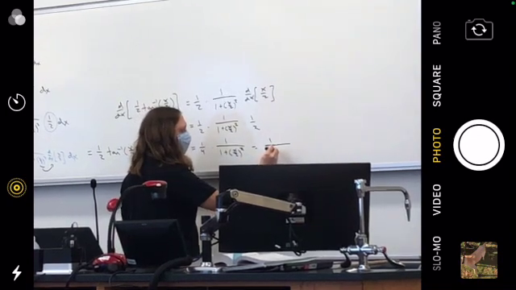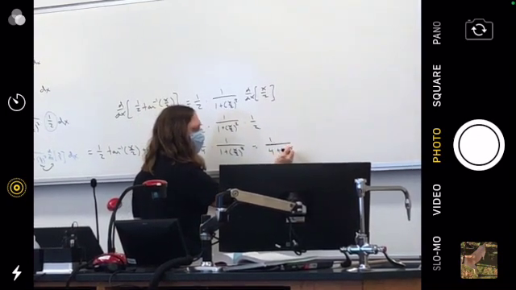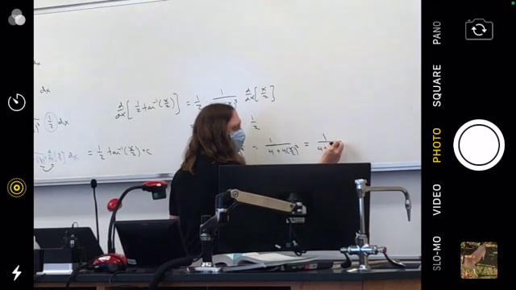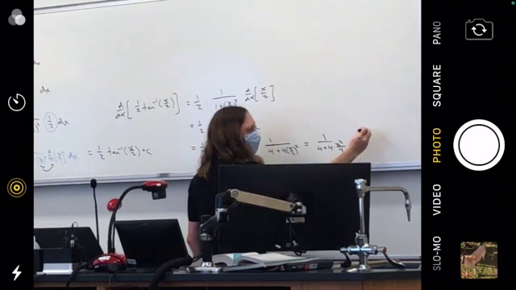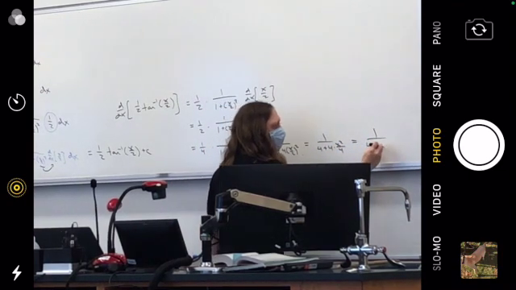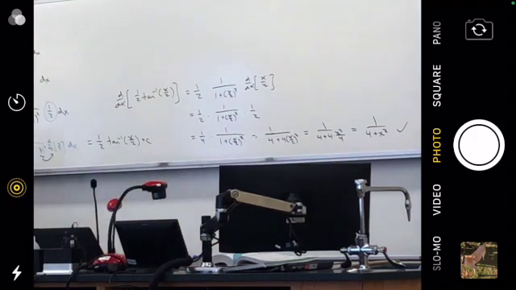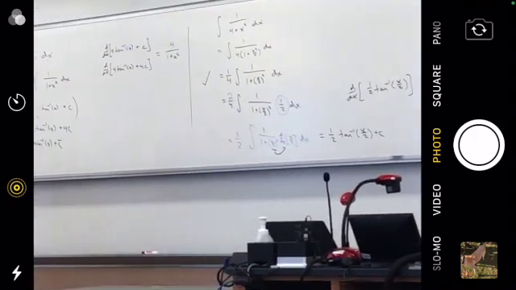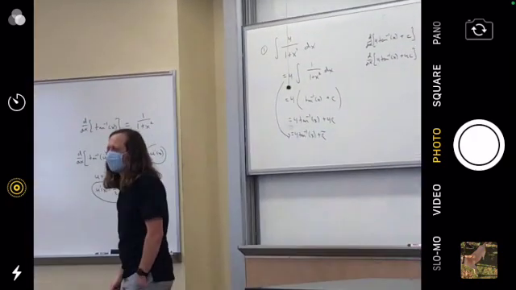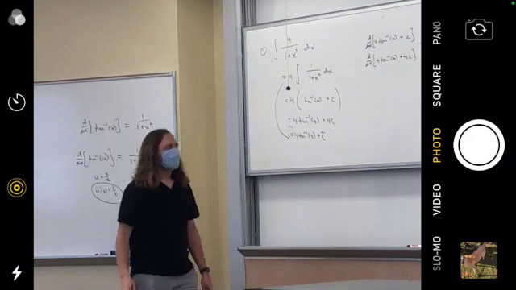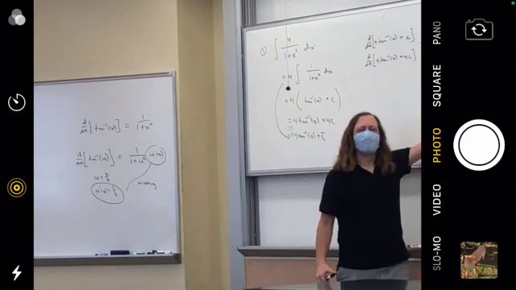I'd have to distribute the 4 back. Then it checks. That's just redoing what I'd already done. A lot of times when you go to check, you get the form before you really start taking the antiderivative.